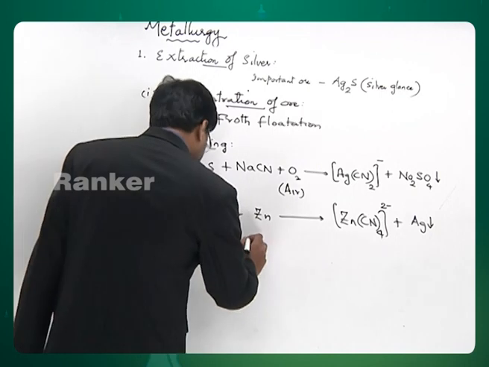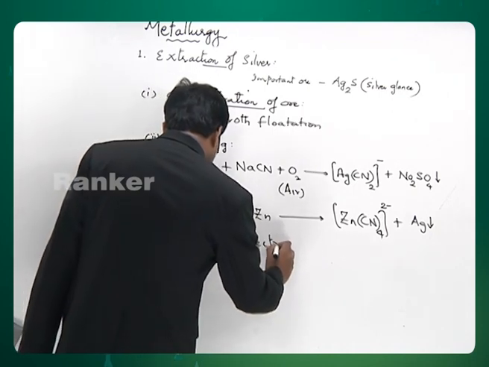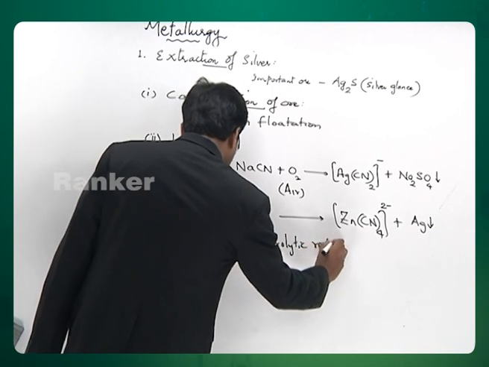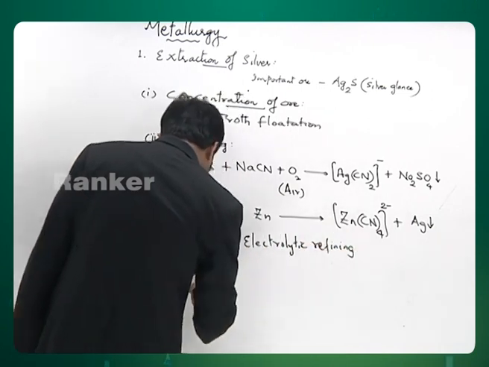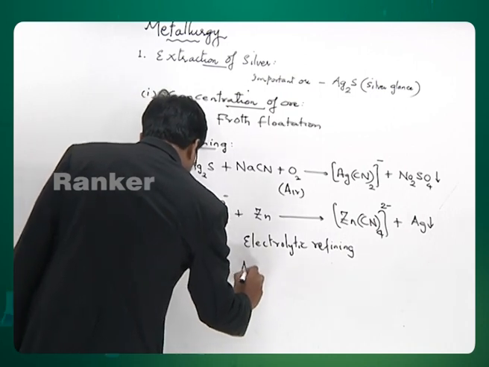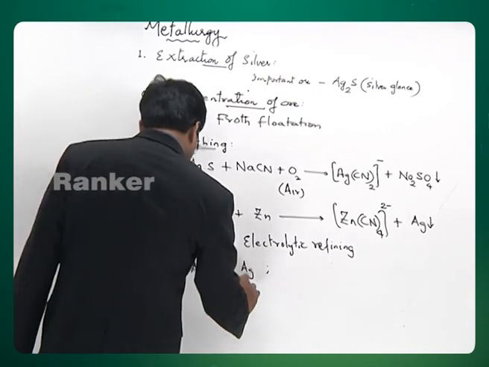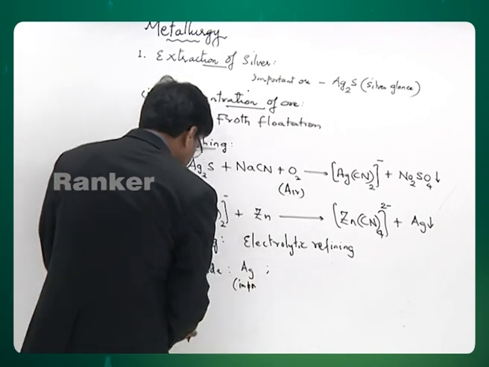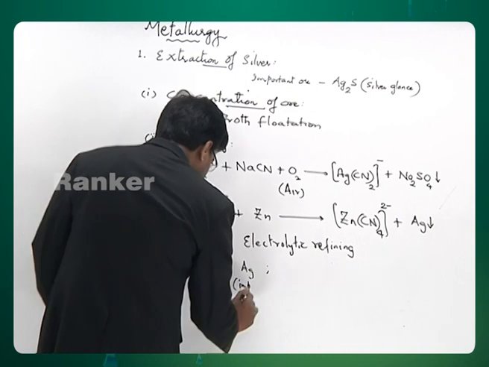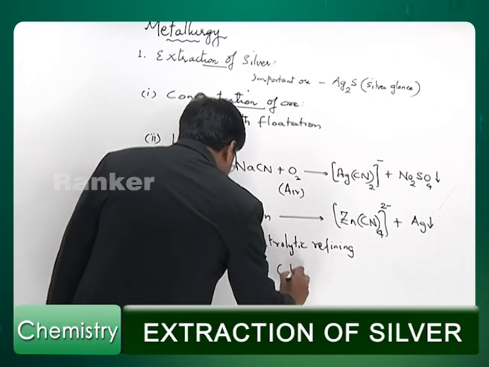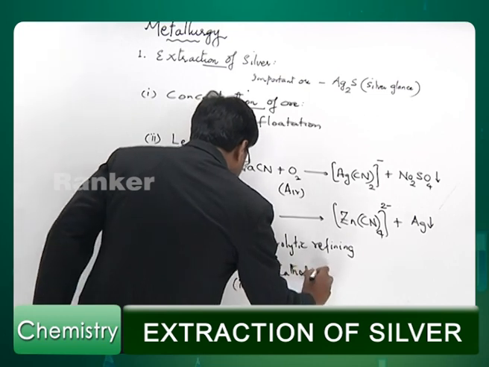Refining is done by electrolysis. Electrolytic refining is done. Here the anode is impure silver, and the cathode is pure silver.